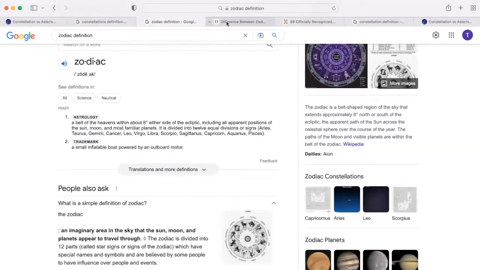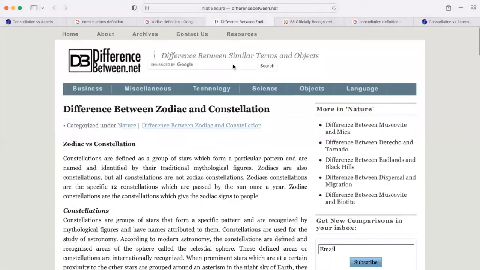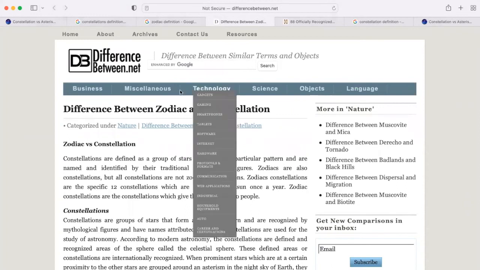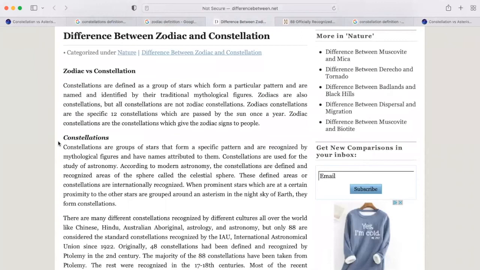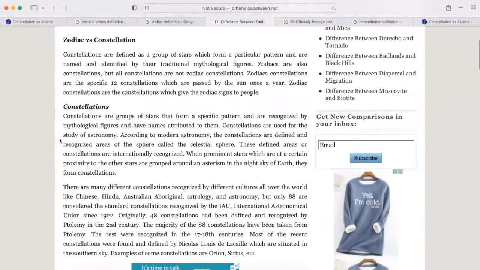Now we're gonna go to this other article, scroll back up, and we're gonna continue. And some of this will be repetitive, like I said, but it's all good, right? So the difference between the zodiac and constellations. It says zodiac versus constellations. Constellations are defined as a group of stars which form a particular pattern and are named and identified by their traditional mythological figures.